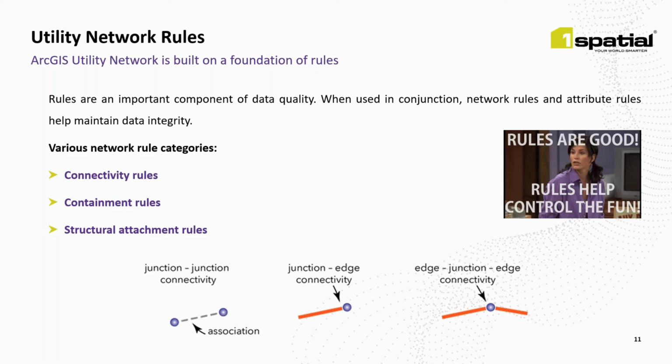Same for containment and also structural attachment. And you can see from the diagram the three examples across the bottom. So things like association rules, these are non-spatial connections between two features that don't actually intersect geometrically. But then there are also rules that determine which relationships can exist between points and lines.